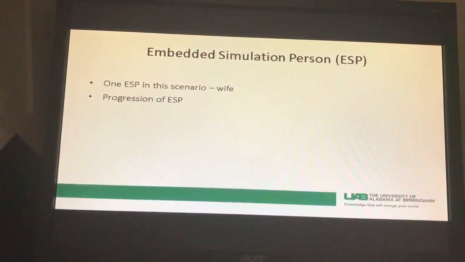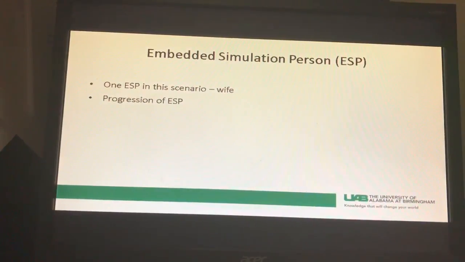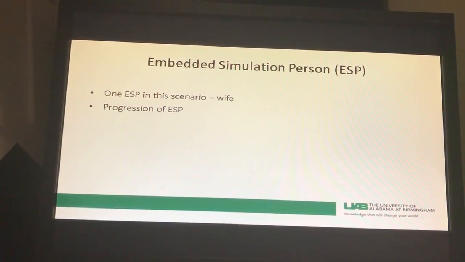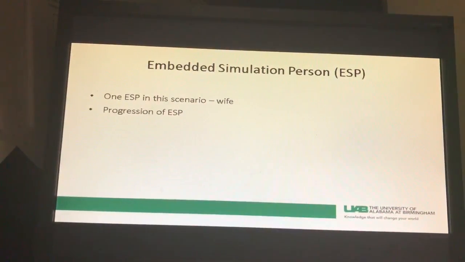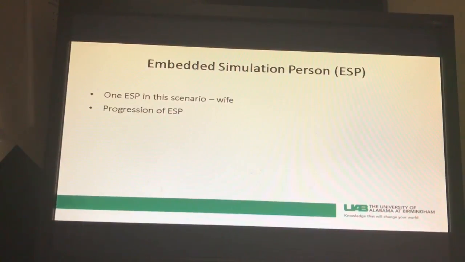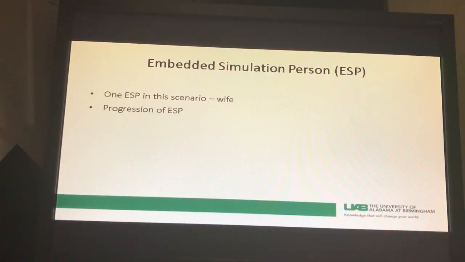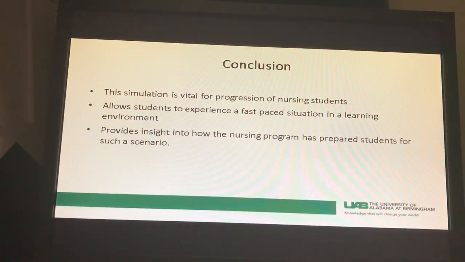And after a short time of that, she will step back if the nursing students ask her to step back. If they don't ask her to step back, she has instructions just to stay there until someone intervenes, at which time she will step back and let the students progress. That's basically the simulation in a nutshell.